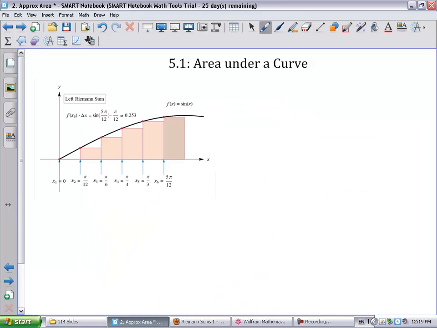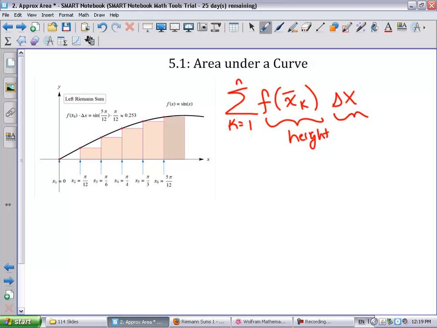So our formula is going to be the same as before. It's going to look like a sum from k goes from 1 to n of a height, f of some x bar k, there's your height, times delta x, there's your width.